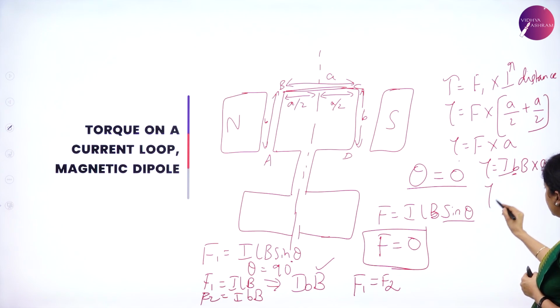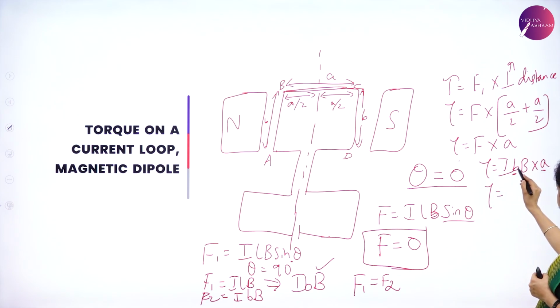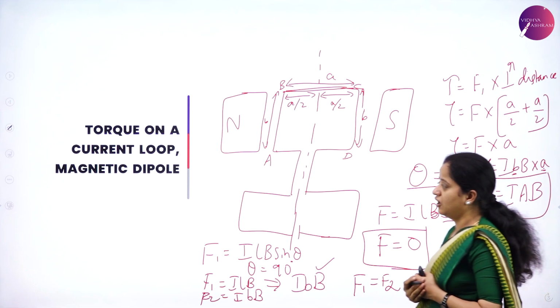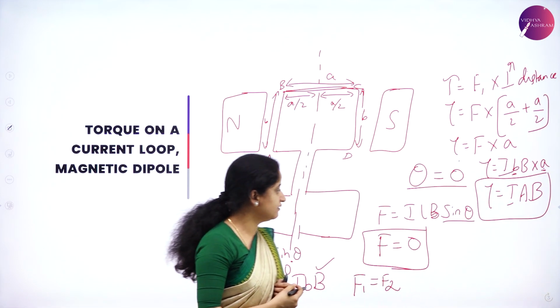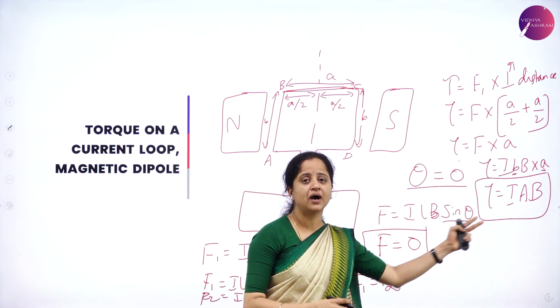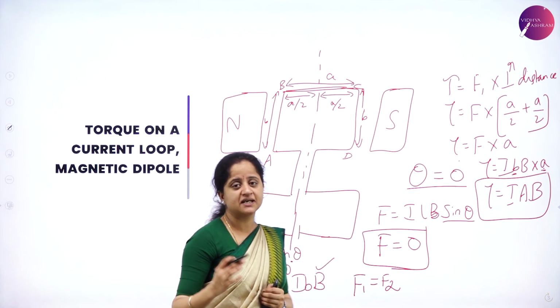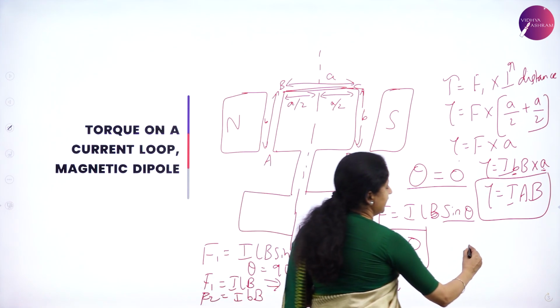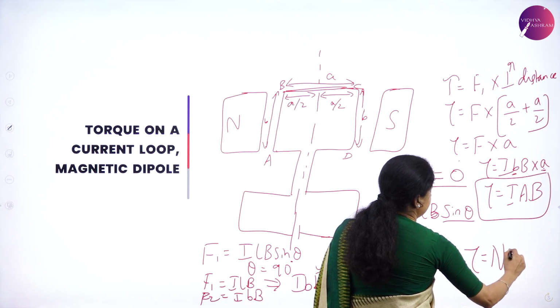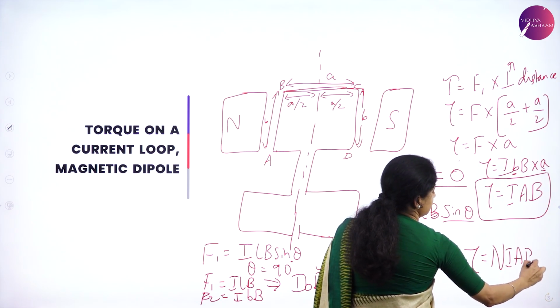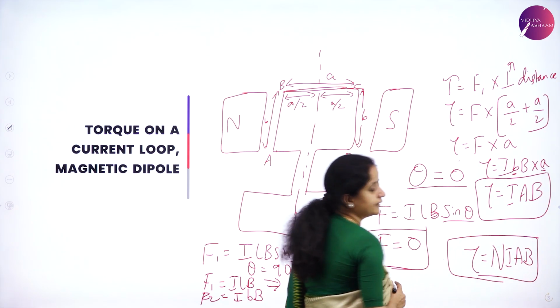So our expression becomes tau is equal to, in the place of B into A, I can substitute the area term, that is IAB. So the expression for torque on a current loop in a magnetic field is given by tau is equal to IAB. Suppose the coil has n number of turns, then tau is equal to NIAB is the expression for torque on a current loop.